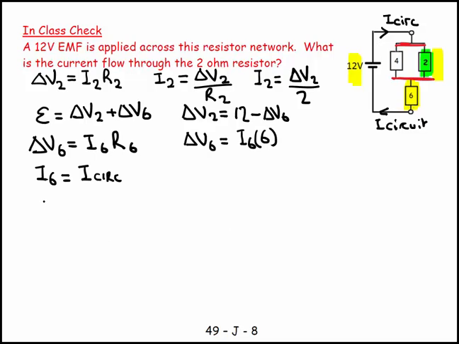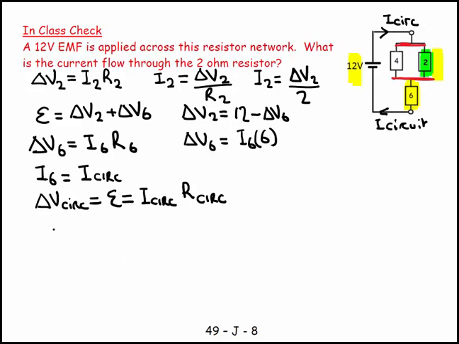Okay? Then I say, oh, but the voltage of the circuit, which equals my EMF, by the way, this guy, is equal to V equals IR, the current flowing around the circuit times the resistance of the circuit.